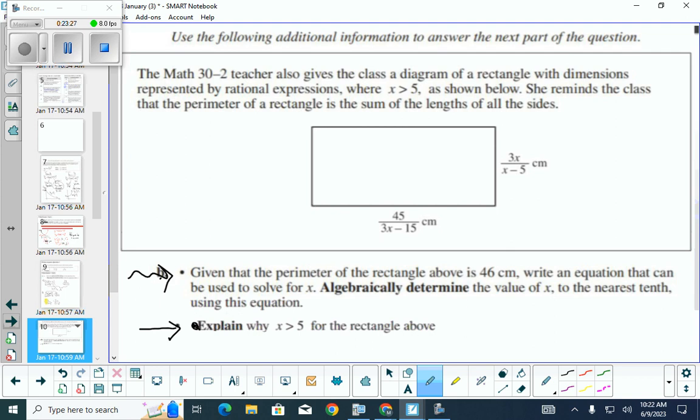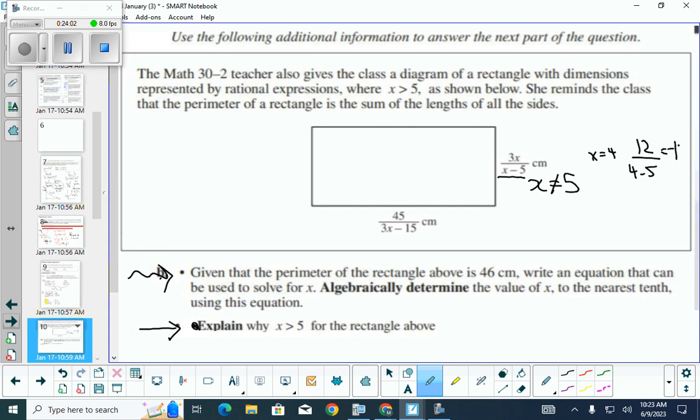Okay, when you're talking about the length of the side of a shape, what type of number do we always have to have? A positive. Okay, so when we think about this, what's the restriction here? X cannot equal 5. But let's say x equaled 4. If I make x equal to 4, I'm going to have 3 times 4 on the top and 4 minus 5 on the bottom.